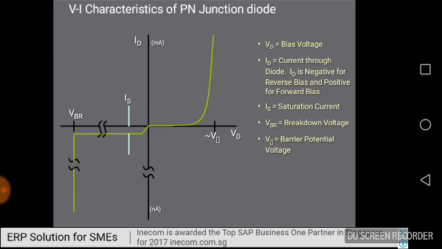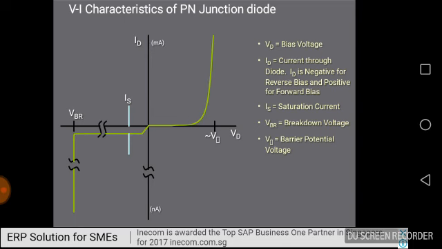You could see a sharp increase in the reverse bias characteristics. So that point we call the breakdown potential, or breakdown point, in which in the reverse bias diode, after some particular voltage, the current starts to flow rapidly.